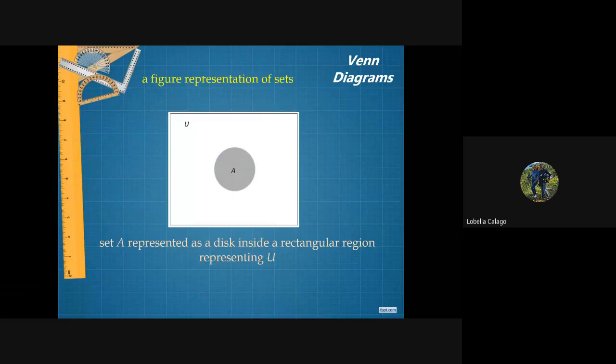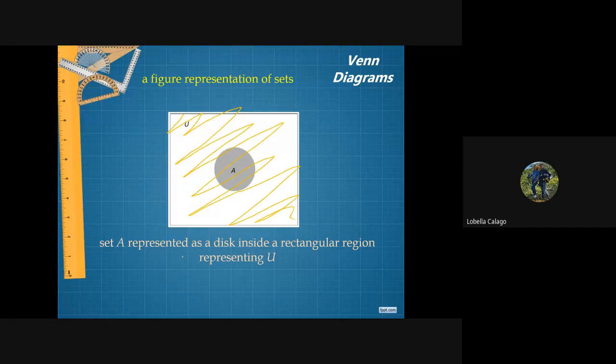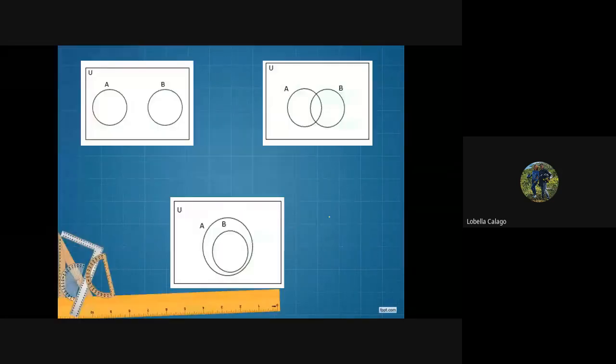Sorry. So, ang Venn diagrams is a figure representation of sets. Wherein the U is this one. Ito po ang U. And the only sets for A is only this one. Circle. So, that is the universal and that is for the set A. So, this one, we have a set A and B that have no common and the universal U. So, this is the intersection.